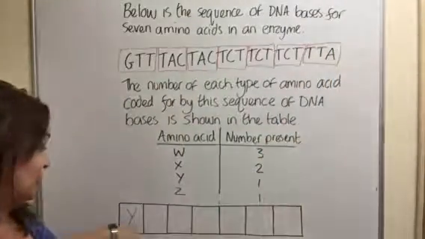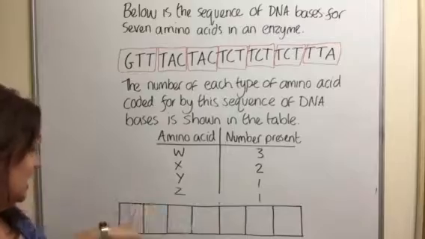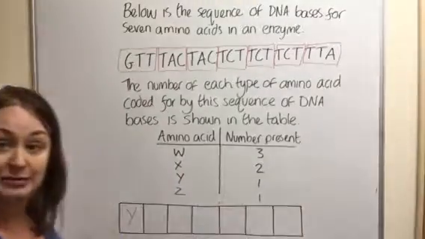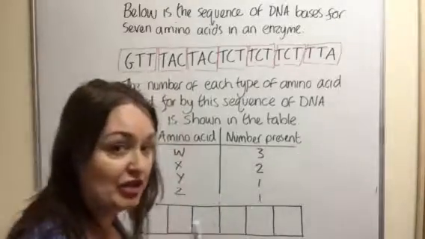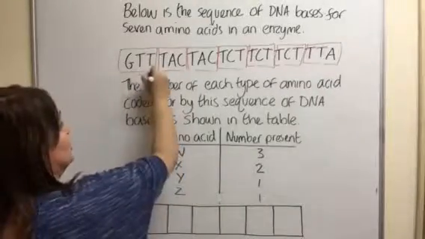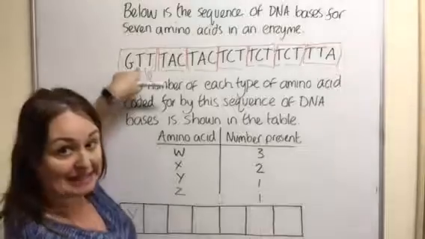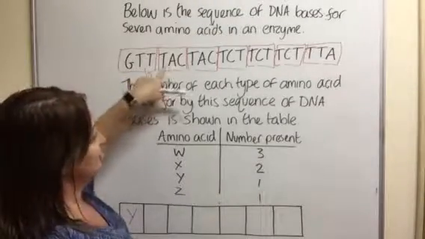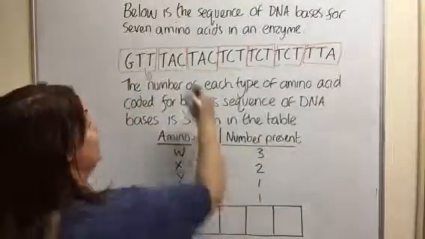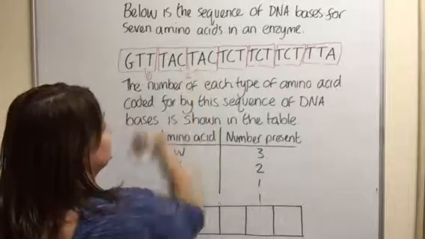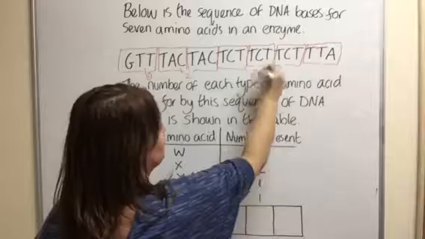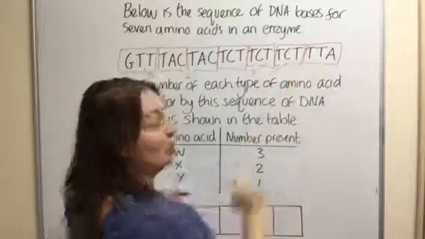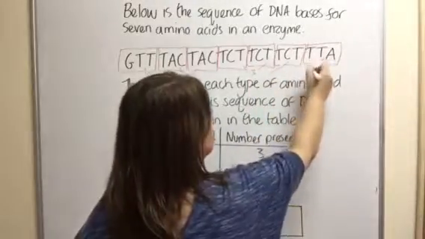Now I know that amino acid Y, there's only 1 of them, and that's already been put into the table for me. And I can count my other amino acids. So this one, there is only 1 with that base sequence. This one, TAC, that appears twice. This one appears 3 times. And this one just appears once.